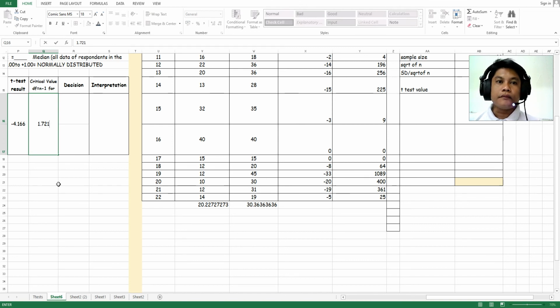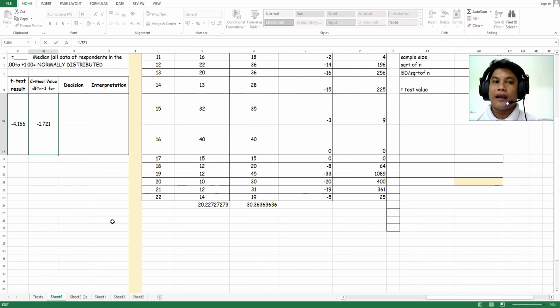It was positive in the table, but since the t-test value is negative, we can also assume that the critical value is negative. It's one tail going to the left. So we noticed that the t-test value is beyond the critical.